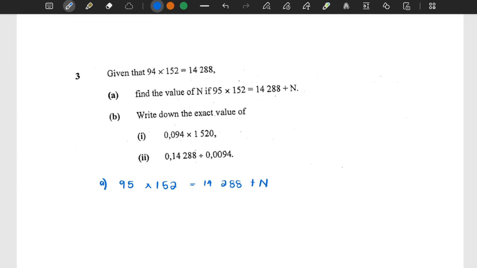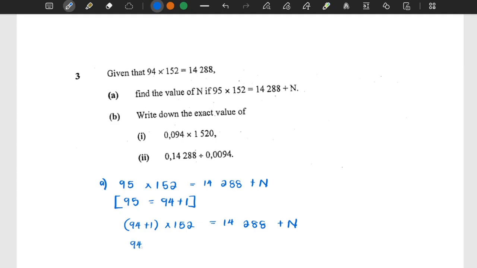We're trying to find n, but we know that 95 is the same as saying 94 plus 1, right? Just as something that we know. So now that's the same as saying 94 plus 1 times 152 is the same as saying 14,288 plus n.